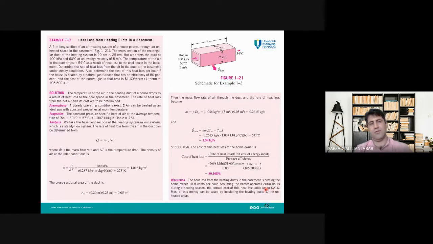And some more explanation is mentioned. For example, for 2,000 hours, the cost due to this heat loss from the duct will be $216, which, if we just insulate the duct with some materials, we can reduce the heat loss from this duct and we can reduce the cost of heating of the house.